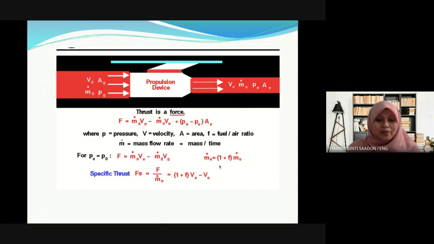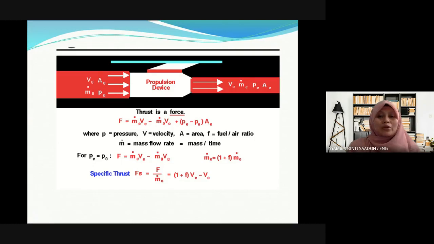As I mentioned just now, when you apply conservation of momentum, which is the second law, you also need to acknowledge first the first law of conservation, which is conservation of mass, or we call it the continuity equation.